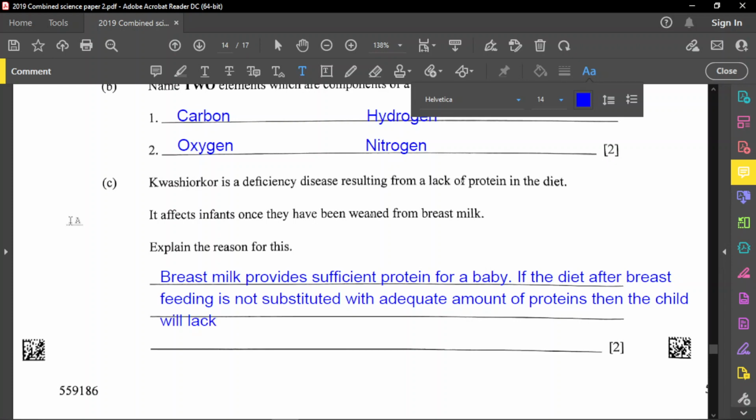And hence you will see the symptoms of kwashiorkor. With kwashiorkor, if you lack protein, what's going to happen is that you have a pot belly and wasted muscle, so you could actually see the bones of a person through the skin. So definitely lack of protein will be caused if the diet after is not supplied with the correct amount of proteins.